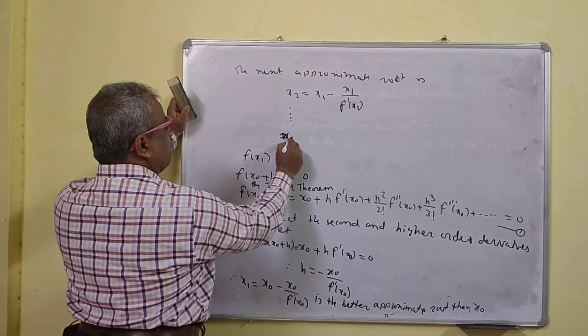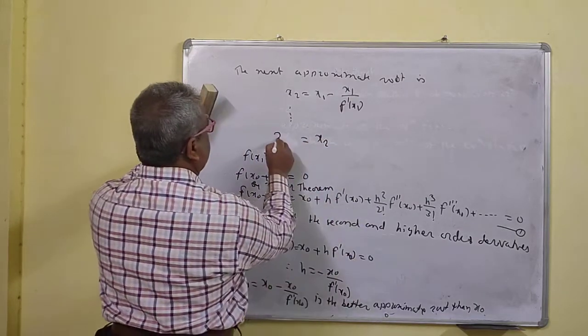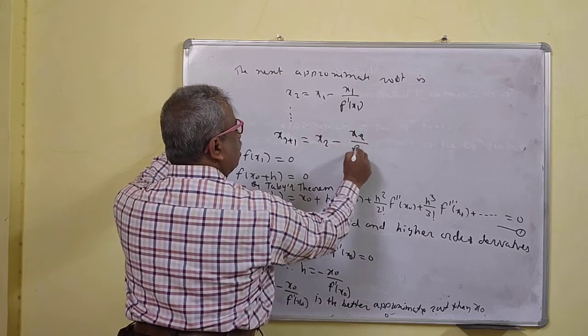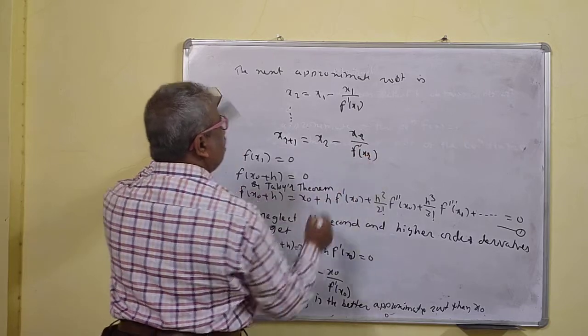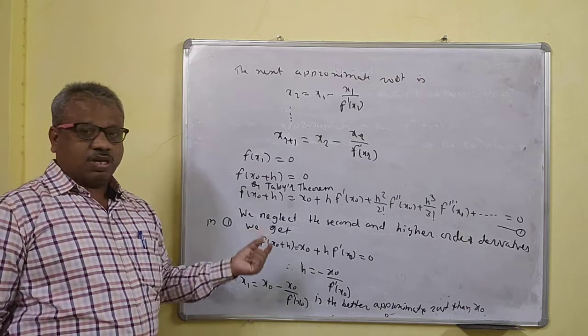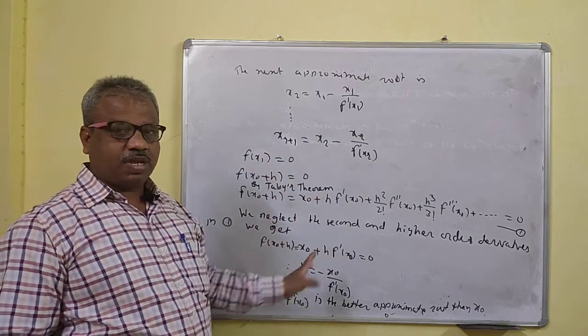So in general, x(r+1) = x(r) - f(x(r))/f'(x(r)). This is very easy. You need only one initial root, and with the help of this formula you can obtain the roots of the equation.